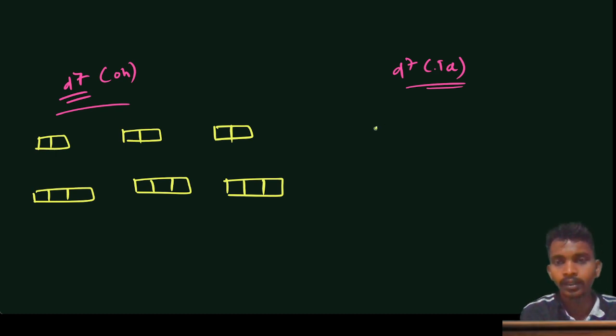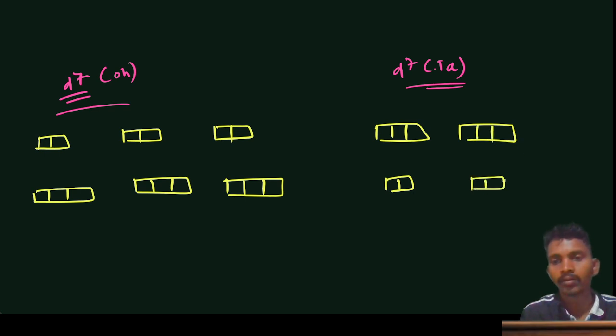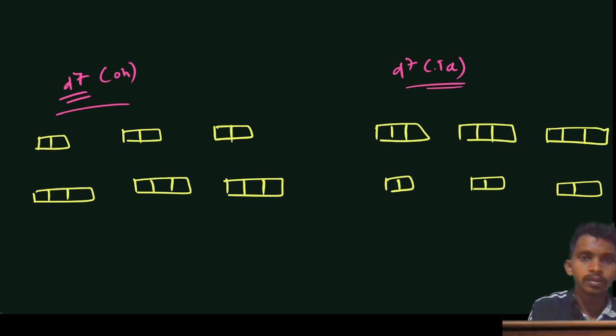Here also, for the tetrahedral, this will come above. So this is D7.